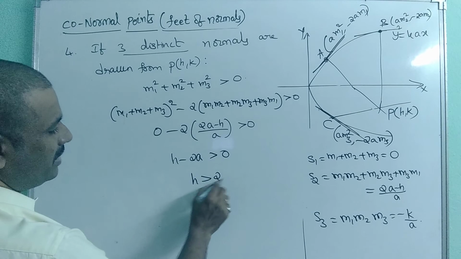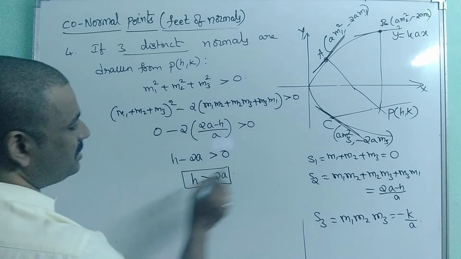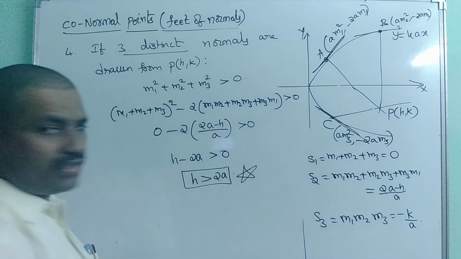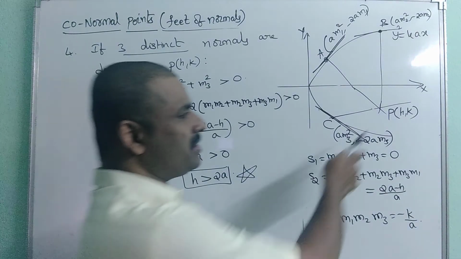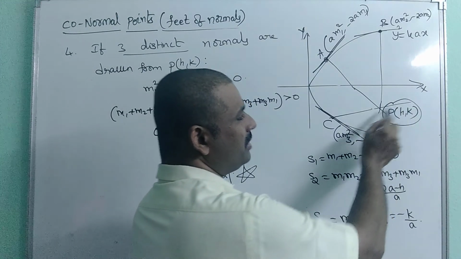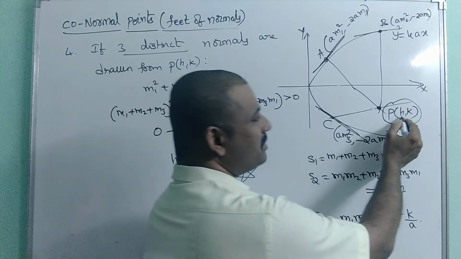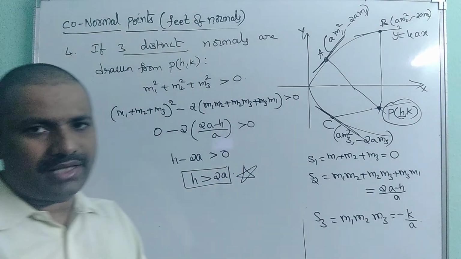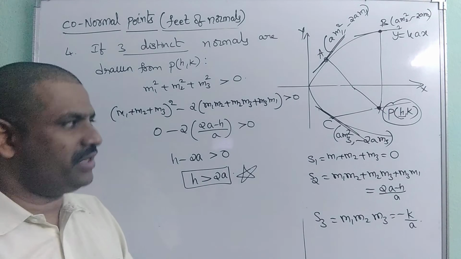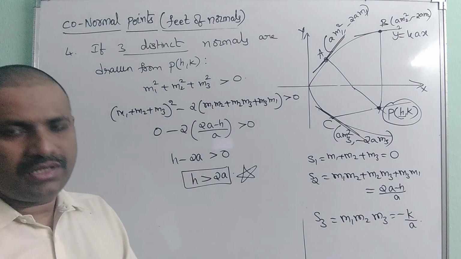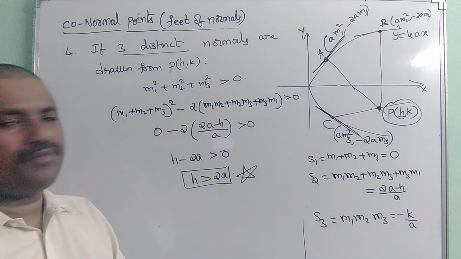Multiplying by minus a, 2a minus h is less than 0. What does it mean? h is greater than 2a. This is a very, very important condition. If from the point h comma k we draw three distinct normals, then the condition on the abscissa is that h must be greater than 2a.